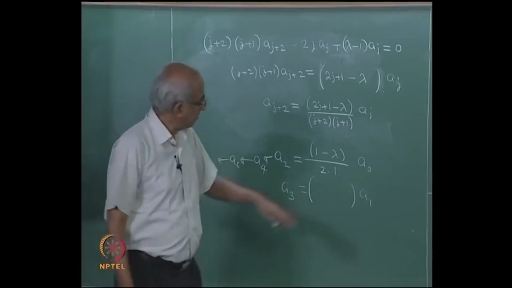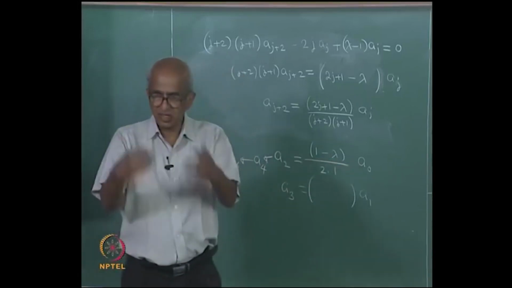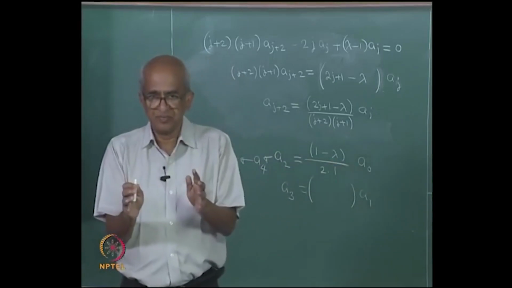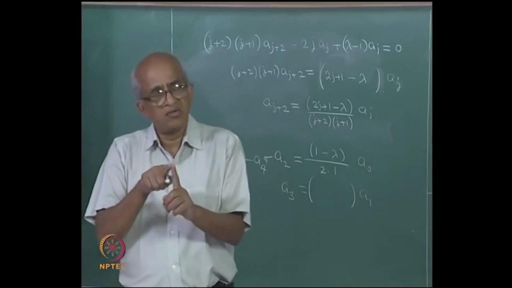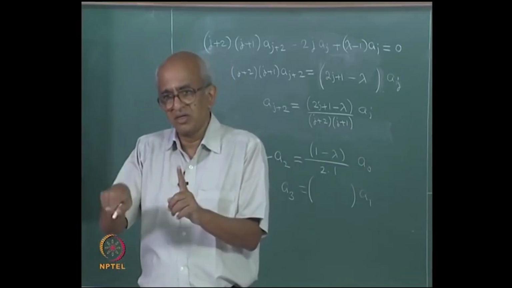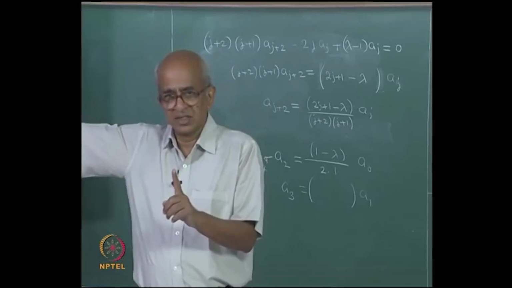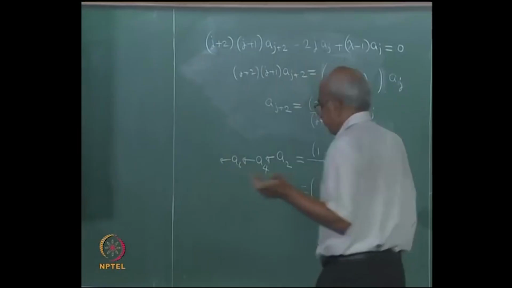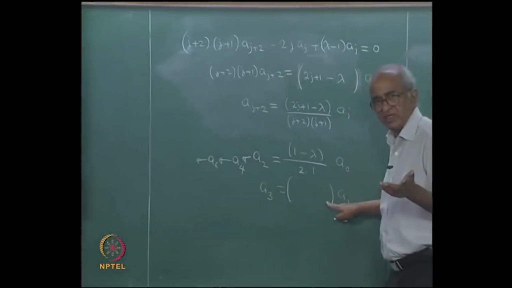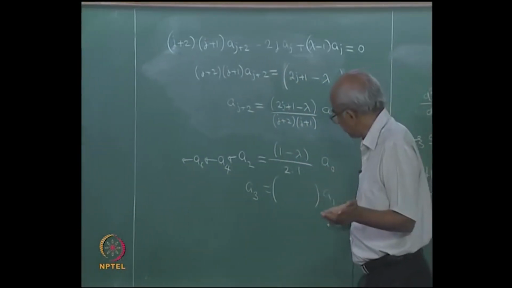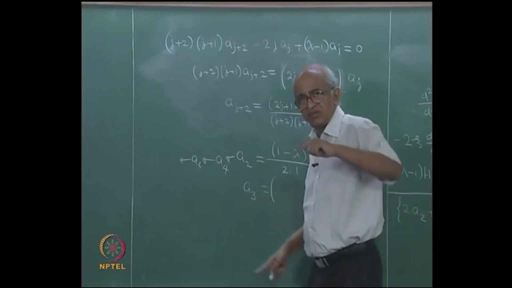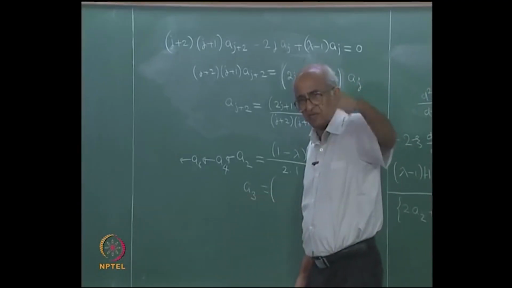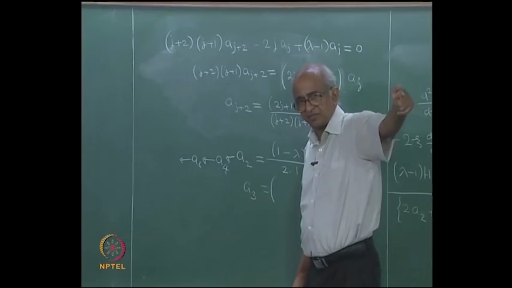So, once you have a value for a0, that will uniquely determine a2, a4, a6, etc. And similarly, if you had some value for a1, you can put it into the equation, you will get a3, then from that you can calculate a5, a7, etc.